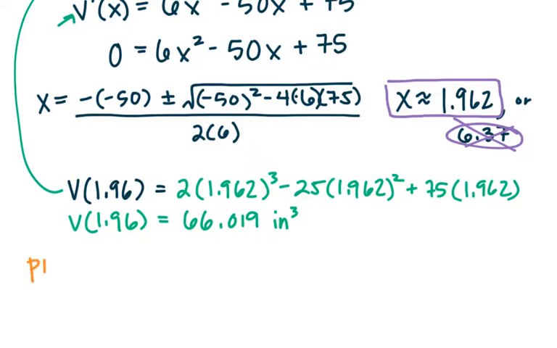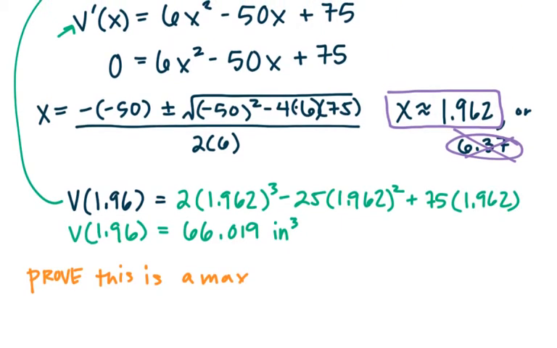So I have one more thing that I want to talk about here. Prove this is a max. And in some of our previous sections, we talked about the second derivative test for extreme values. So I could find my second derivative, v double prime of x, equals 12x minus 50.